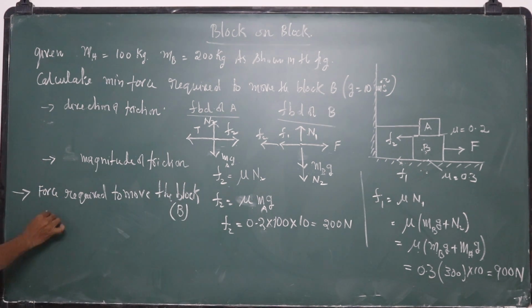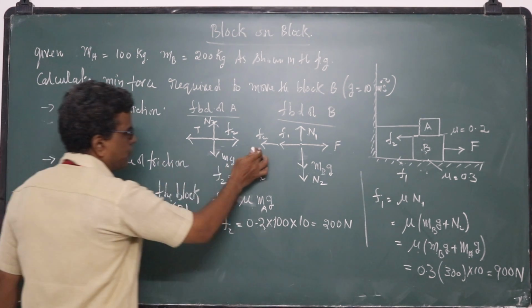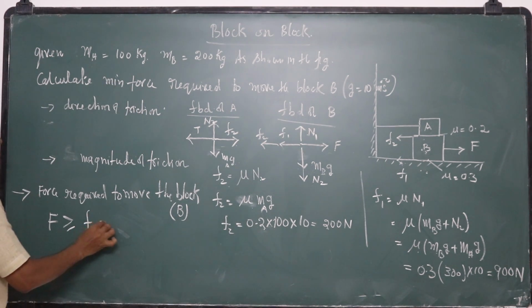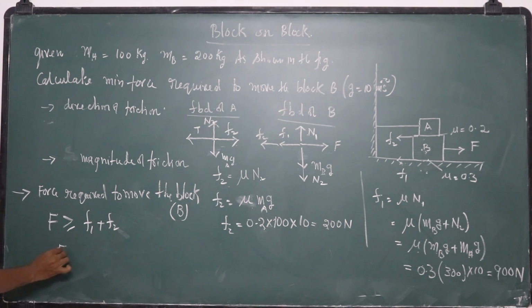F should be greater than or equal to F1 plus F2 from this diagram. So we want minimum force. So F minimum is equal to F1 plus F2. What is F1?